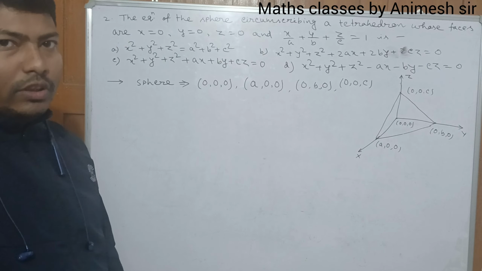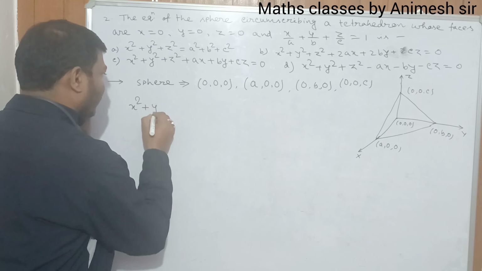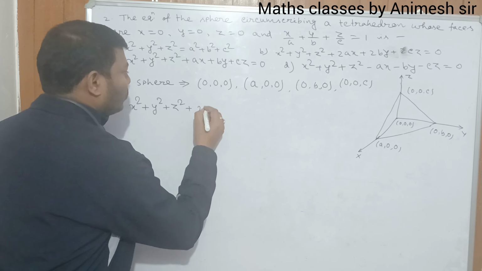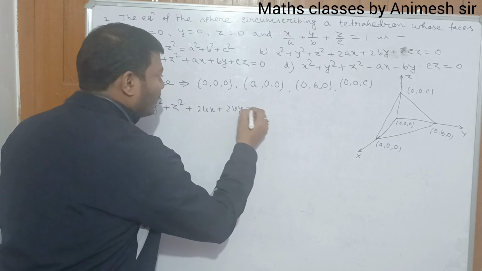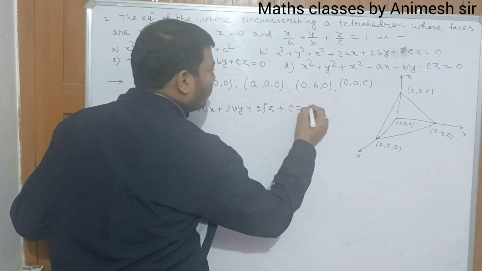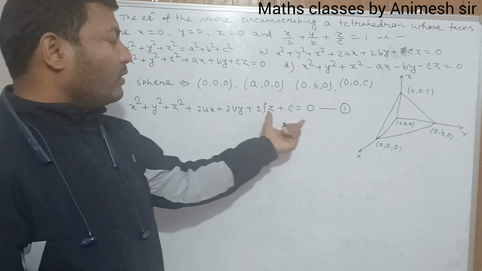Now the general equation of the sphere is x square plus y square plus z square plus 2ux plus 2vy plus 2wz plus d equals 0. This is the general equation of a sphere.